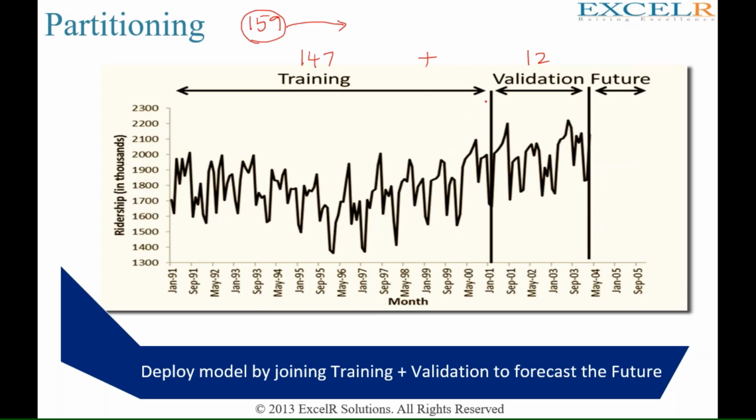But since you have already divided the data into 147 and 12 and validated the forecasting model, and it was fine, we now combine them and build a model including all the data points. The model built using all these data points would be used for future forecasting. So we deploy the model by joining training plus validation data to forecast the future values.